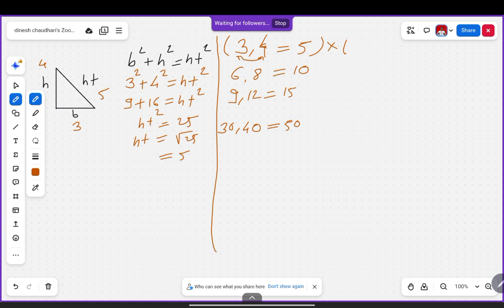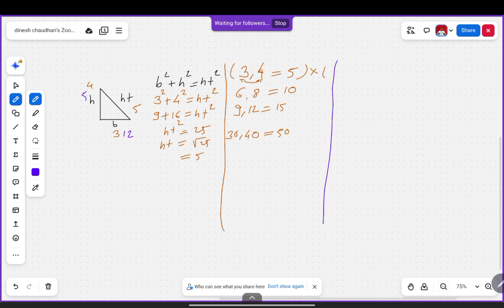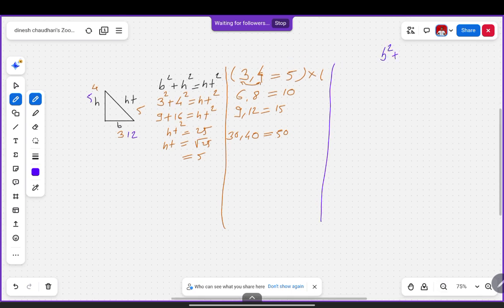One more sequence to this is, if your base is 12 and height is 5, then what will be the hypotenuse? According to the Pythagoras theorem, b square plus h square equals ht square.